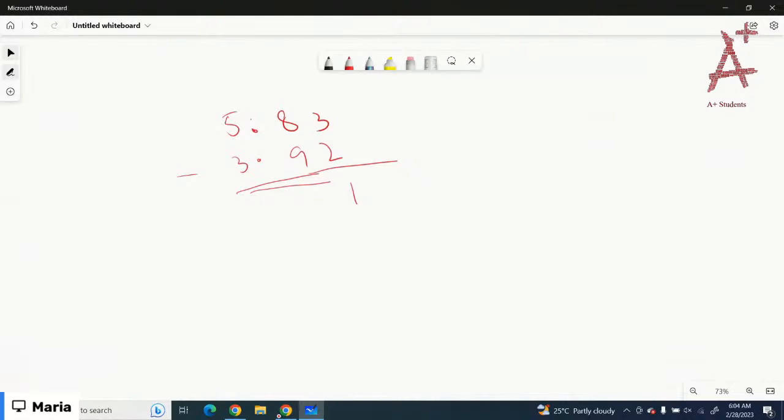You cannot subtract 9 from 8, so you have to borrow 1. Here you have 18 and here you have 4. 18 take away 9 is 9 and 4 take away 3 is 1. There are 2 decimal places, so the answer must have 2 decimal places. So it would be 1.91. Got it?